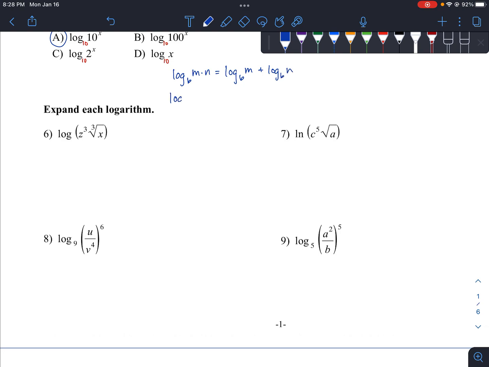Then there's the quotient property: log base b of m divided by n is equal to log base b of m minus log base b of n. And then there is the power property: log base b of m raised to the n is equal to n times log base b of m. So we have the product property, quotient property, and power property of expansion.